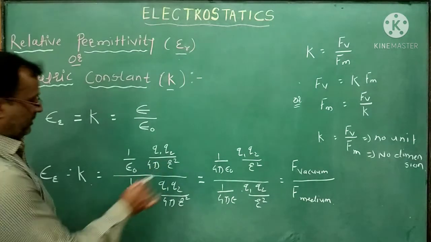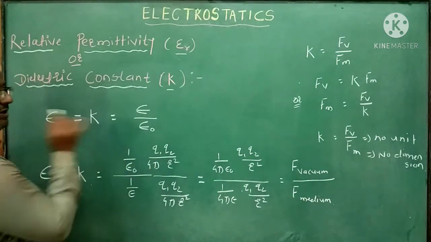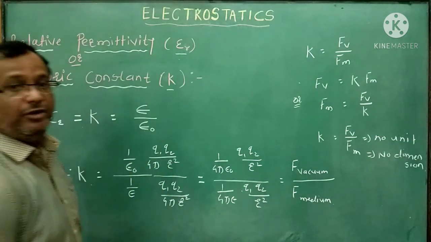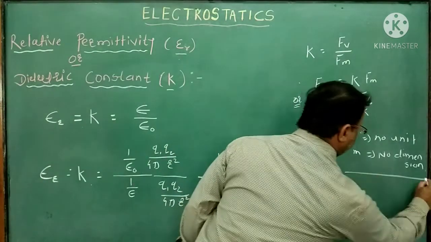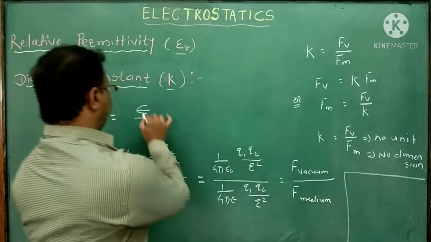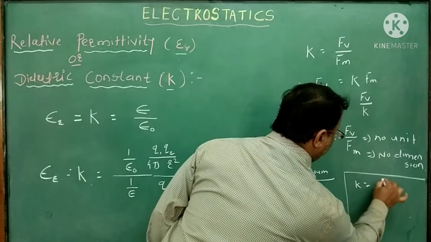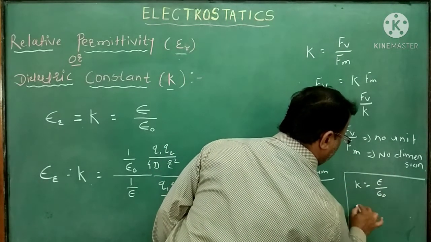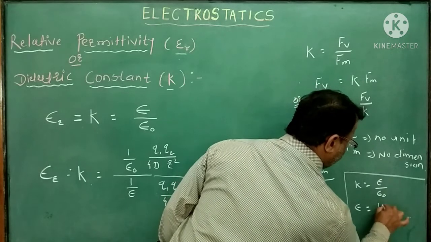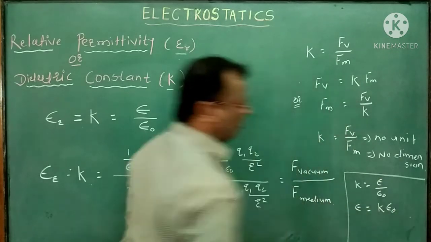But see here, from this formula, we write the value of epsilon. K equals epsilon upon epsilon 0, so epsilon equals K epsilon 0.